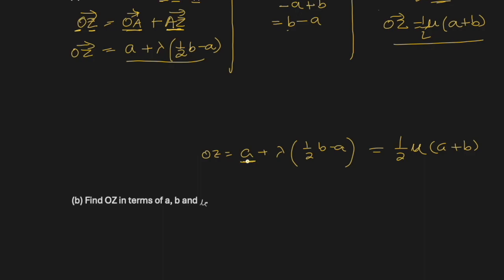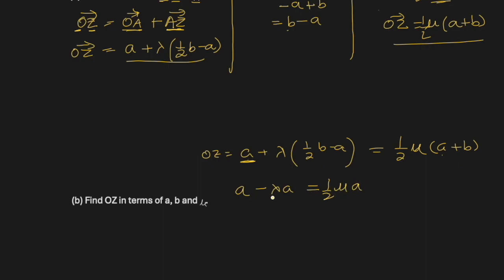So if I separate A here, let me write here, A plus, and this is also A, but it is multiplied with lambda. So minus lambda A, that's what I can write. A minus lambda A will be equal to 1 over 2 mu A. So B is not involved at all.